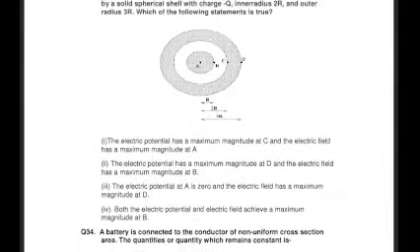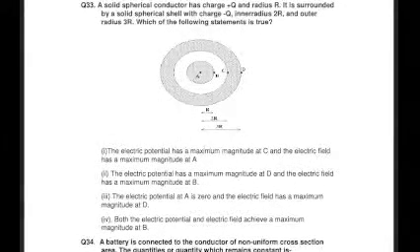The electric potential has a maximum magnitude at C and electric field has a maximum magnitude at A. 2. The electric potential has a maximum magnitude at D and the electric field has a maximum magnitude at B. 3. The electric potential at A is 0 and electric field has a maximum magnitude at D. 4. Both the electric potential and electric field achieve a maximum magnitude at B.